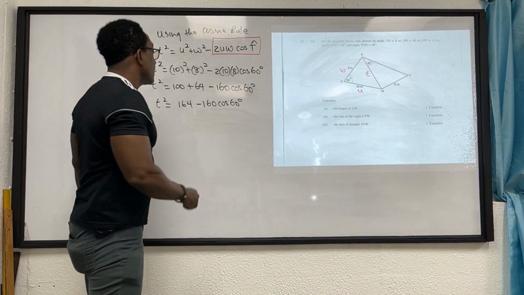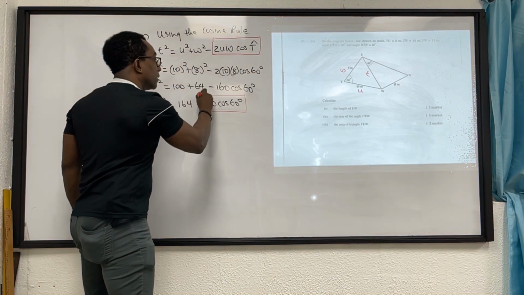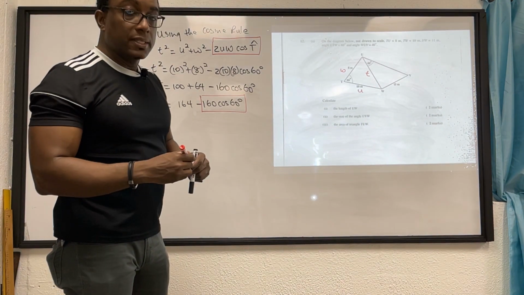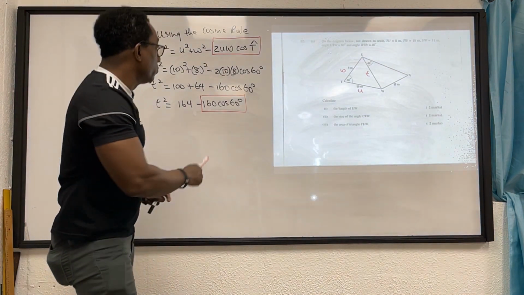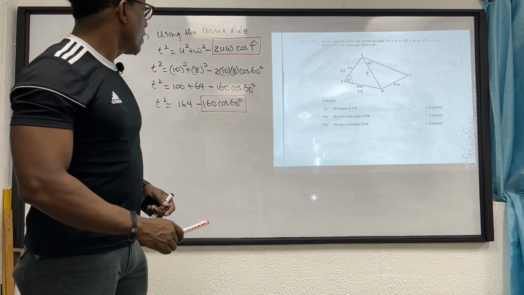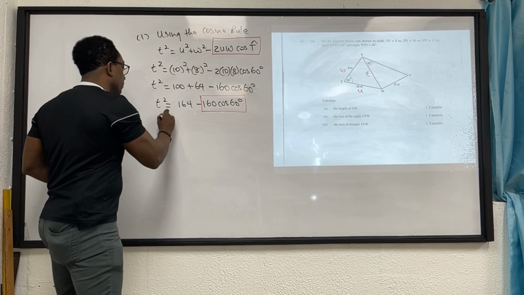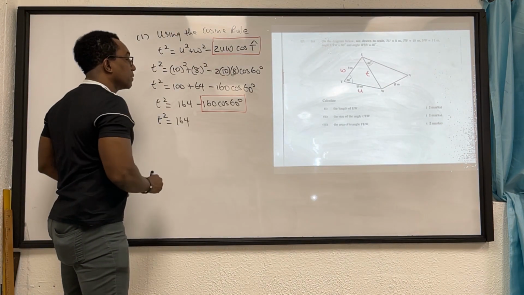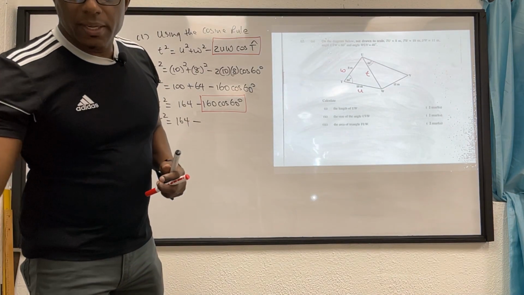So it means here that this is negative 160 cos 60 degrees, that is also one term. So what we have to do is to work out this entire thing, and then we're going to subtract that result from 164.